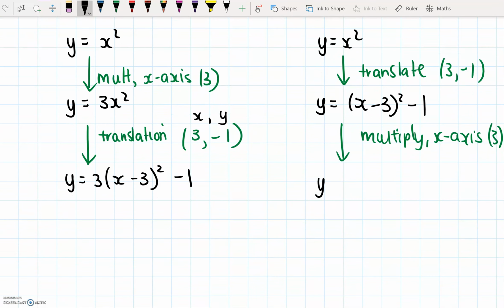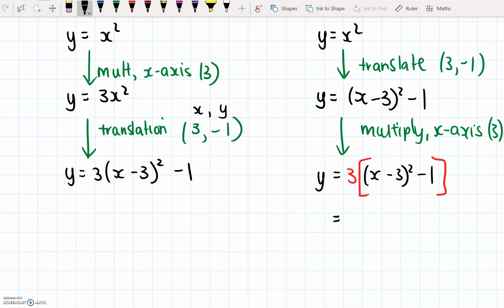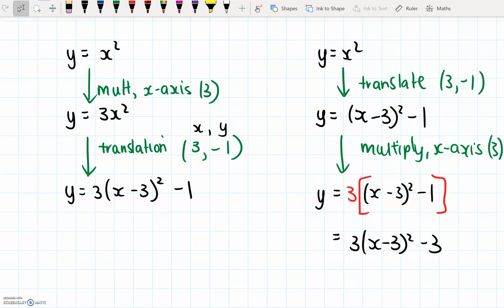Let me write it out the long way again this time: (x minus 3) squared minus 1. If we multiply this by 3, you need to remember we're multiplying everything by 3. So it's going to become 3(x minus 3) squared minus 3. So for this reason, the order that you do these is really important.